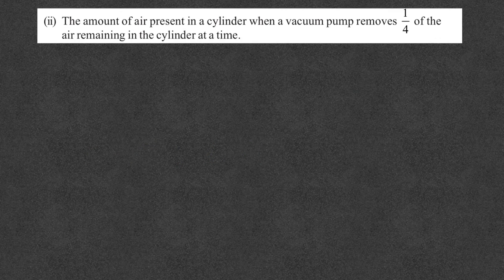What about this? Does this form an arithmetic progression? The amount of air present in a cylinder when a vacuum pump removes 1/4 of the air remaining in the cylinder at a time. If you just look at the question, how much air is removed at a time? 1/4 of what is left. Then the second time, 1/4 of what is left at the previous time.